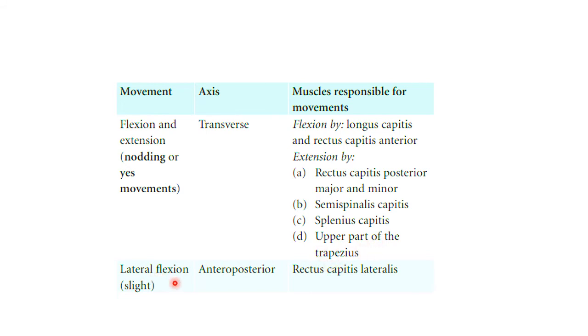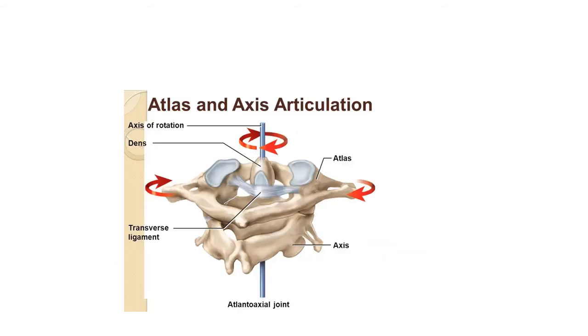While lateral flexion, which is very slight, means side to side movement in the anteroposterior axis, that is brought about by the rectus capitis lateralis. Now at the end, the arterial supply is from the vertebral artery and the nerve supply is from the first cervical nerve.